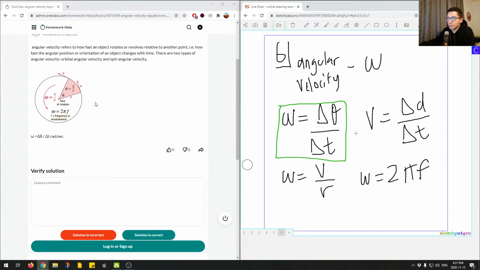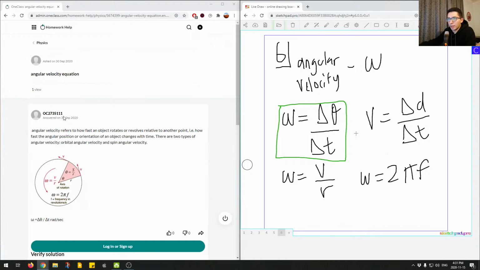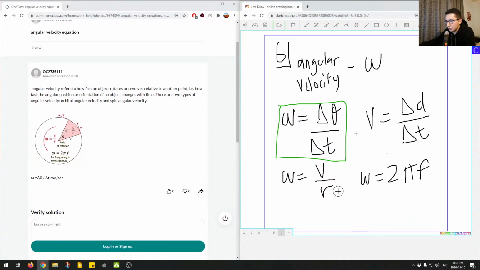So this is a general overview of what angular velocity is and the equation that you can use to solve. Another thing I want to note for this diagram, here we're given also theta is s over r. S is the arc length right here, this distance right here, divided by r. And that gives us the angle right there.